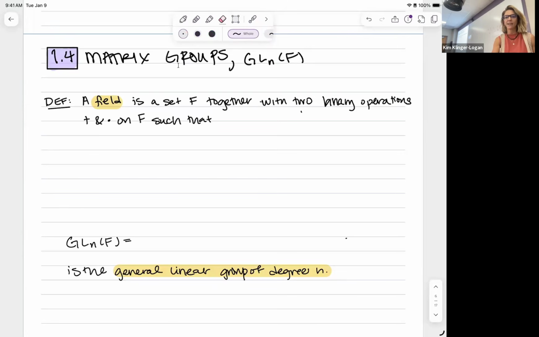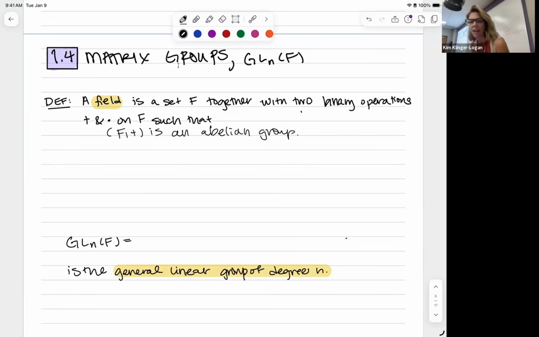And in both cases, basically what we get is a group out. And we want to make sure that they work together nicely. So I have two binary operations, plus and times, on F, so that when I look at F and plus, F plus is an abelian group. So it's not just a group, it's also commutative. So I want F plus to be an abelian group.